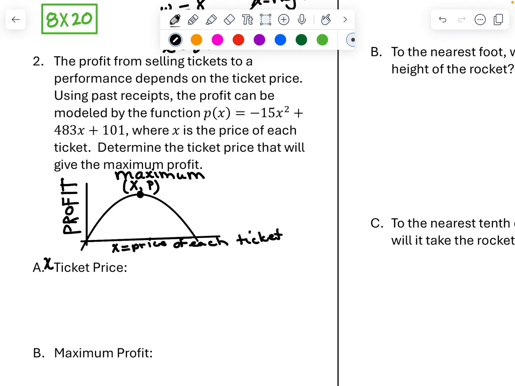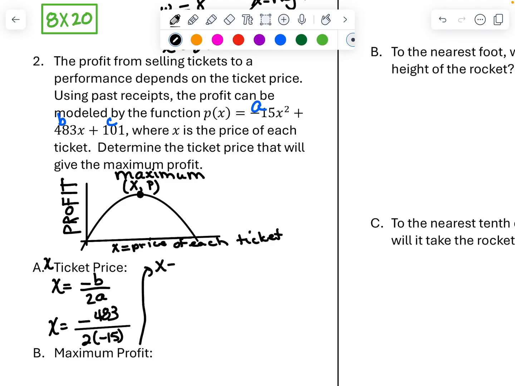All right, if we are looking for x, we're going to say x is equal to the opposite of b divided by twice a. And we are going to remember that a is negative 15, b is 483, and we don't need c, but if we wanted c, c is 101. So x is going to equal the opposite of 483 divided by 2 times negative 15.